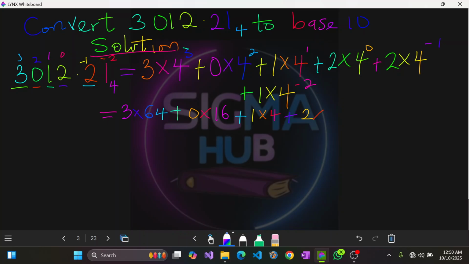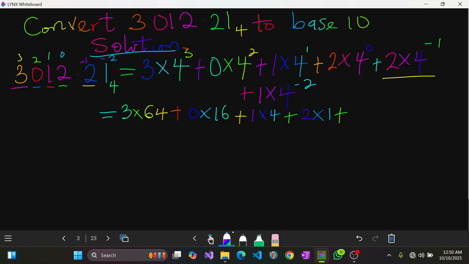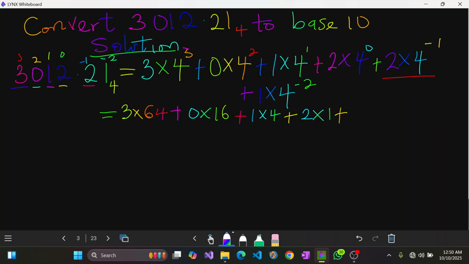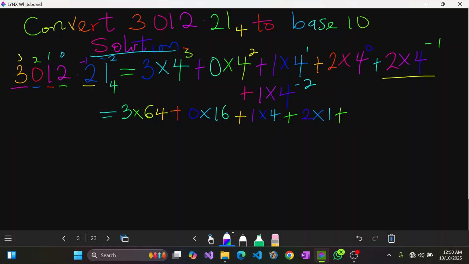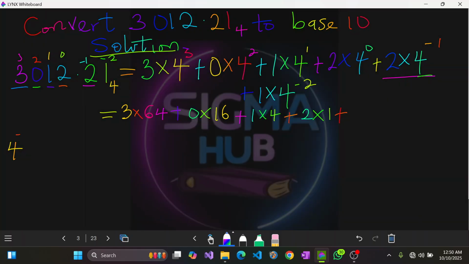Then plus, so we are looking at this now, 2 times 4 raised to power -1. Don't forget, when we have negative as part of our power, the negative power represents 1 over. So 4 raised to power of -1 is going to be 1 over 4 raised to power 1.